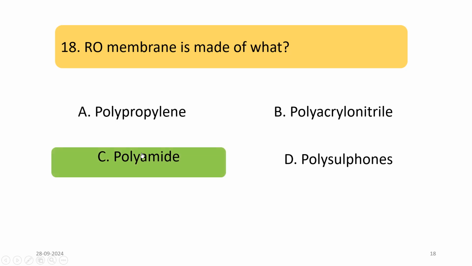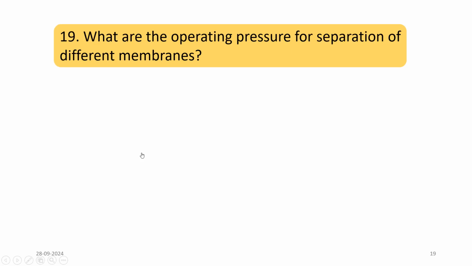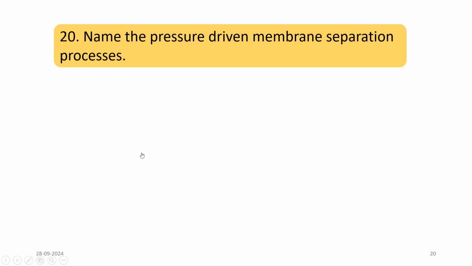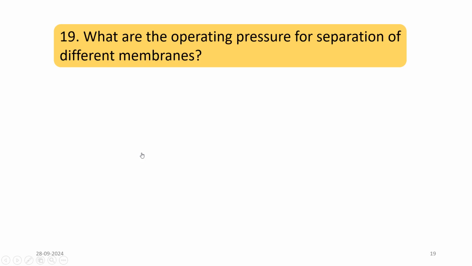So for microfiltration, what was the operating pressure? The pressure gradient is used for the separation process in microfiltration, ultrafiltration, nanofiltration, and reverse osmosis. For microfiltration, the pressure is below 2 bar. For ultrafiltration, the pressure is between 1 to 10 bar.